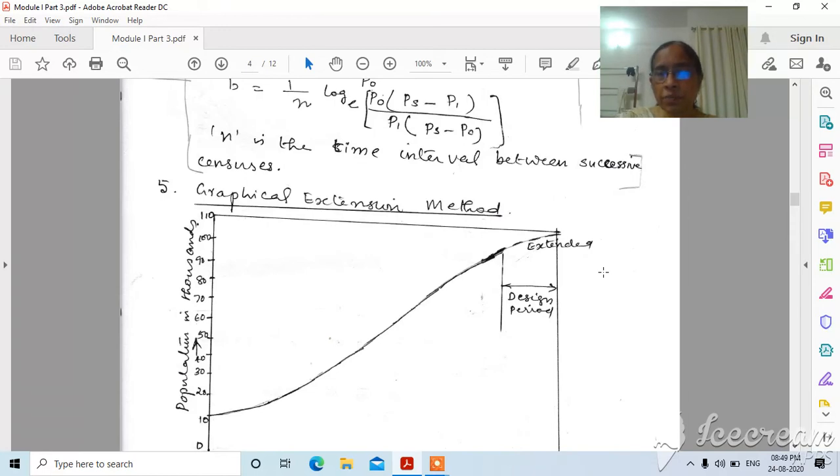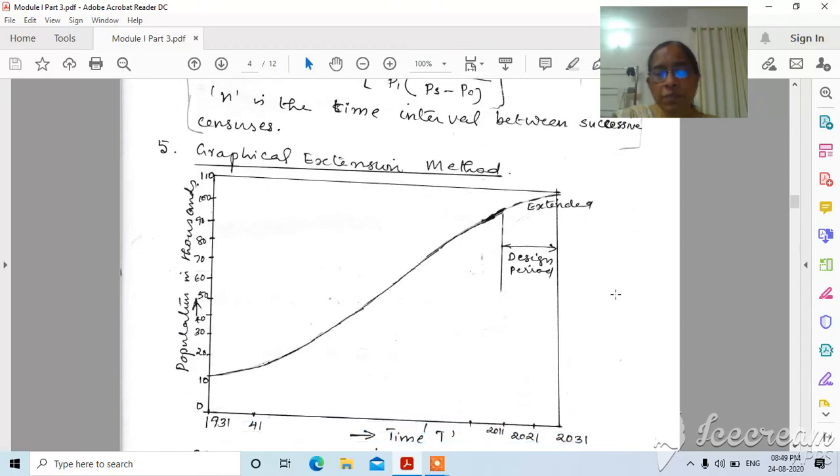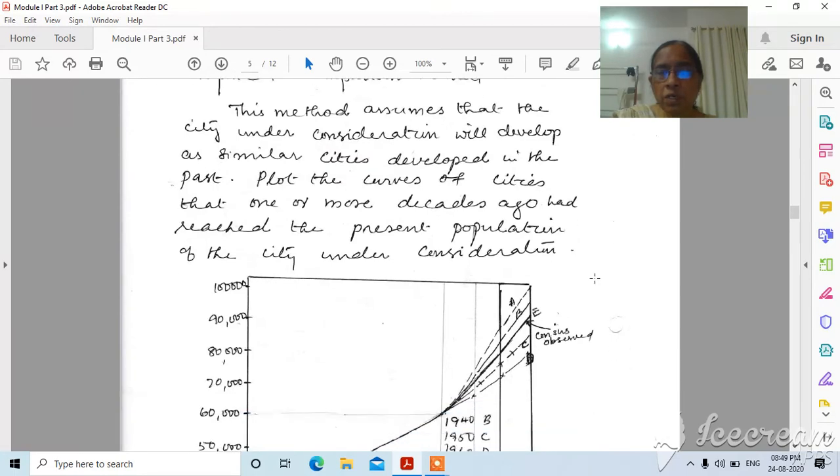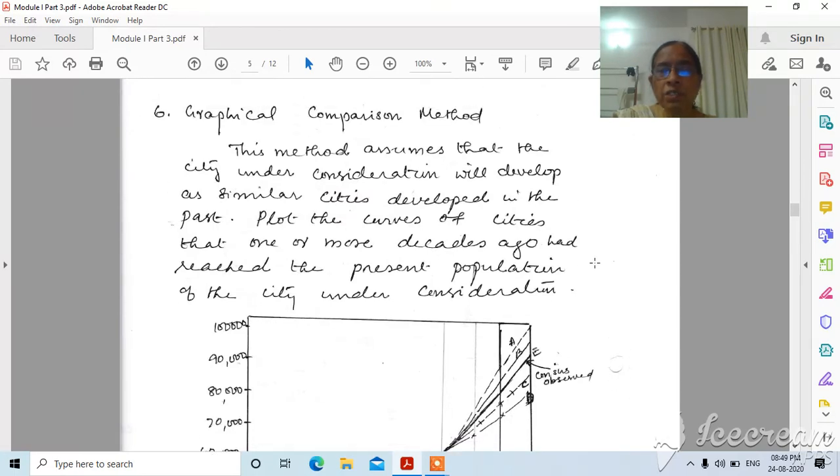Then from the present population, or the population which is known to you, from that particular point you are projecting the same curve in the same trend, and you are calculating what would be the population at the end of the design period, or to which you have to forecast. That is the simple method. So this is not much accurate, only for initial calculation we are considering this extension curve.